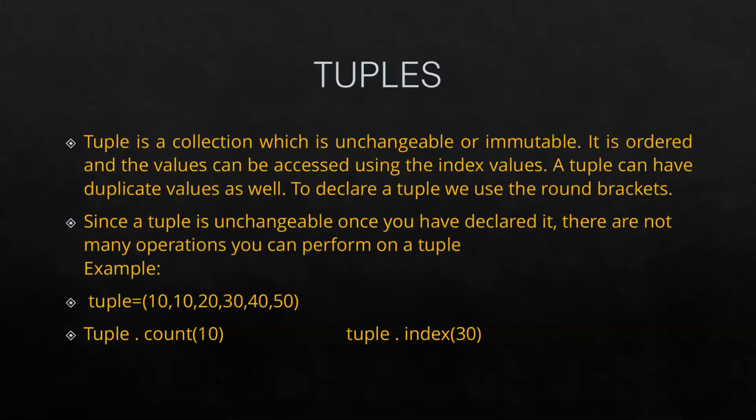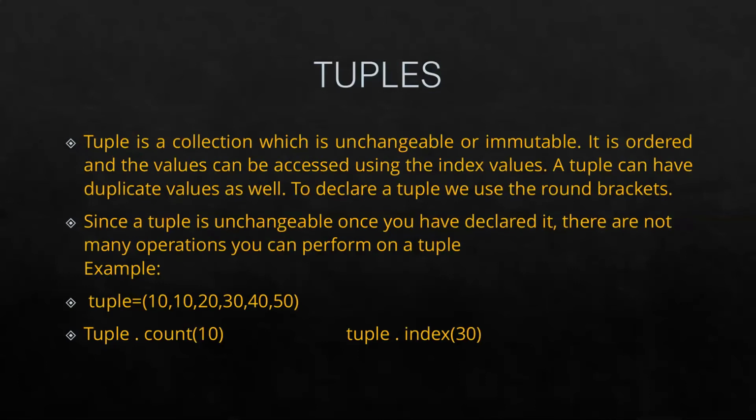And next, tuples. This is the third immutable data type. What is a tuple? Tuples are generally a collection of numbers or a collection of strings, whatever it may be, and tuples do not change once they are created.